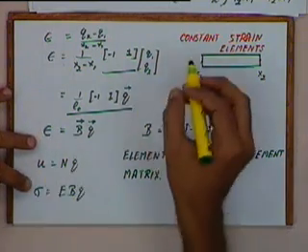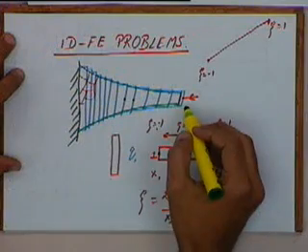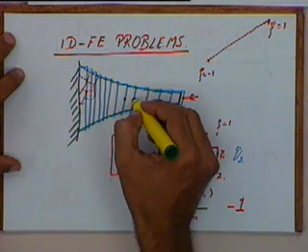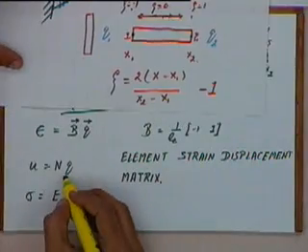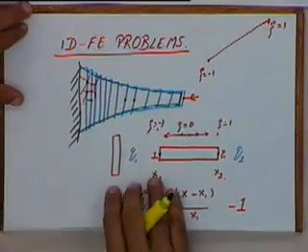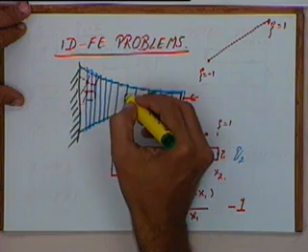So in order to solve this one dimensional problem, all that we need to do is find out the value of u in this element, or to get the value of u I need to get q. If I am able to get the deformation at these 2 points, I can get the strain and the stresses within this element.